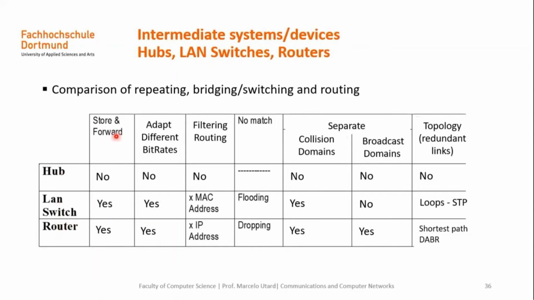In the case of the store and forward, remember that the hub doesn't perform a store and forward. That's why the hub is not able to adapt different bit rates, and the hub or repeater doesn't perform any kind of filtering and can't avoid collisions and can't separate any kind of domains, for instance, like the broadcast domains.